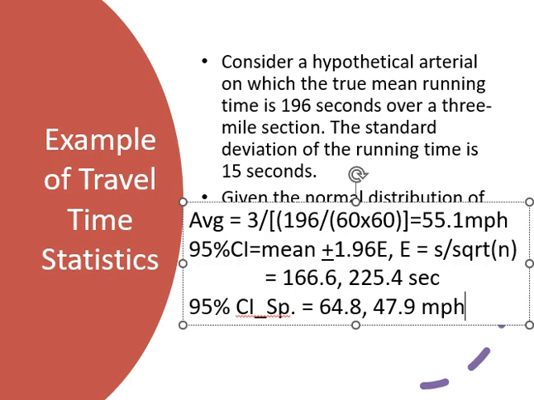This is space mean speed. How do I know that? It has a distance, a long distance. If you are getting speeds from travel time, and I told you earlier travel time cannot be for a short distance, so that becomes the space mean speed. And the spot speed is the other one.